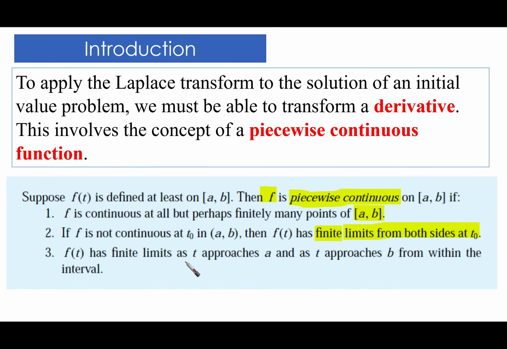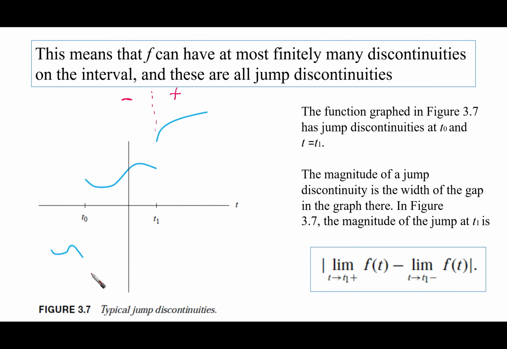If f of t has finite limits as t approaches a and as t approaches b from within the interval. So let's assume that this is point a, this is the maximum interval, and this is b here. These are the limits of our function. When we approach this a, we find that there is a value here, and when we approach this b limit, we can find there is a value here.